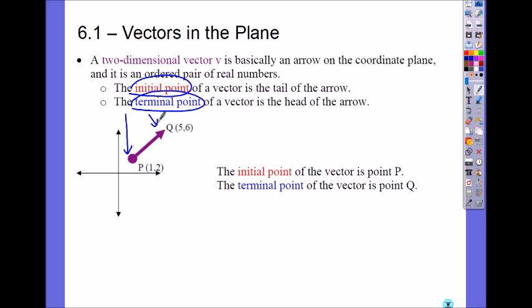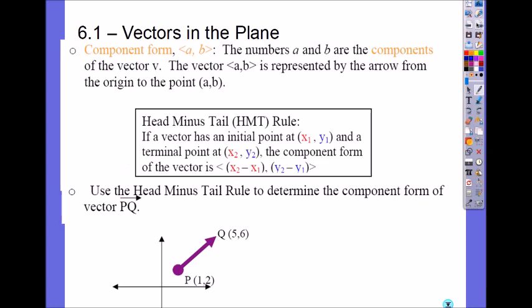We also call this what? Head. And we call this tail. Okay. So what do we do to find the component form? We can use 2 points to draw the vector, but now we're going to write it in component form.